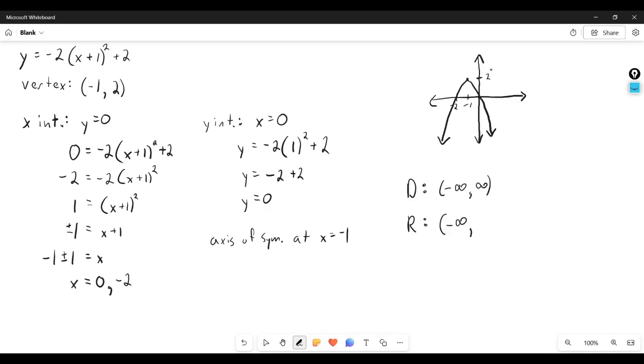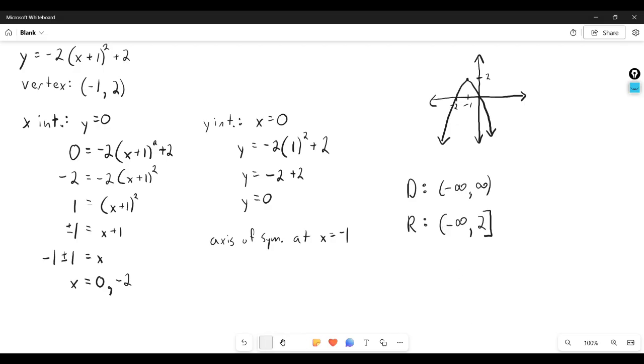So this is a plus 2 here. And y can actually be plus 2. It's not just less than, it can be equal to plus 2. So that's what the range is. In this one, we got a maximum value. There's no minimum value because it can go down forever, all the way to minus infinity. So there's no minimum. Maximum is plus 2.